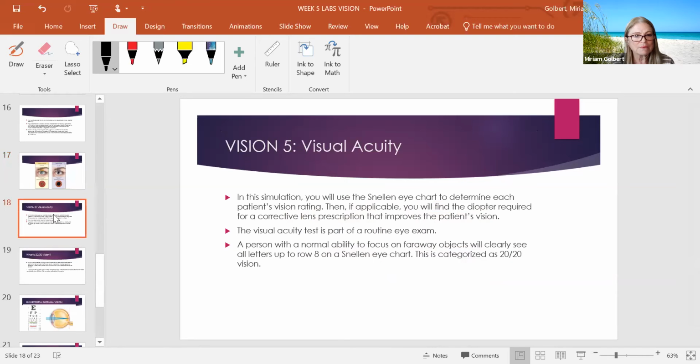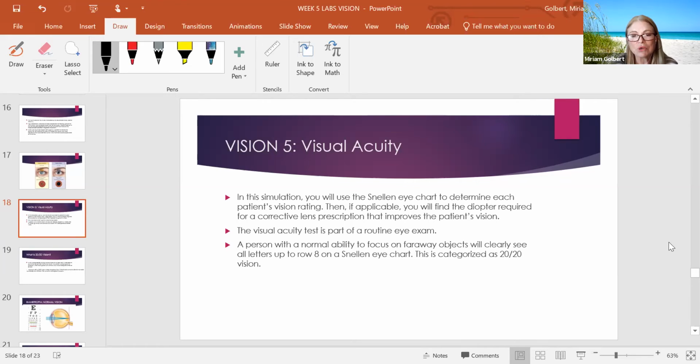So the next one that we're doing is visual acuity. And this is how accurate you are with your vision. So this is the typical test that we've all done when they show you what is called the Snellen chart. And again, this is Mr. Snellen. He made up this.